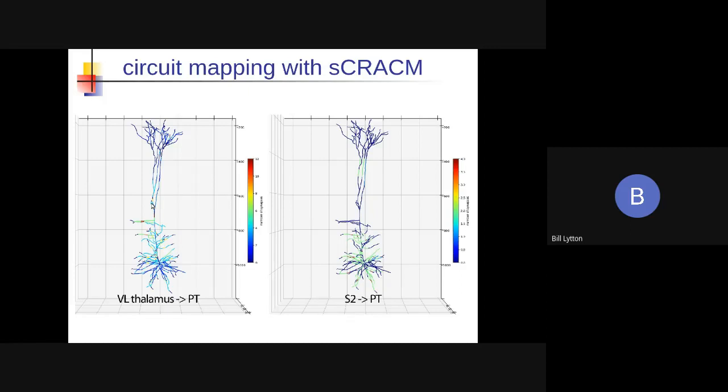The way this experiment is done is this channelrhodopsin is initially injected into VL thalamus, ventrolateral thalamus, and then passes anterograde to the presynaptic specializations. So now you have presynaptic specializations that are sensitive to the laser light, which will then cause a depolarization in the presynaptic specialization, and you can measure with an electrode in the soma of the PT cell where the activation is producing an EPSP in this case.